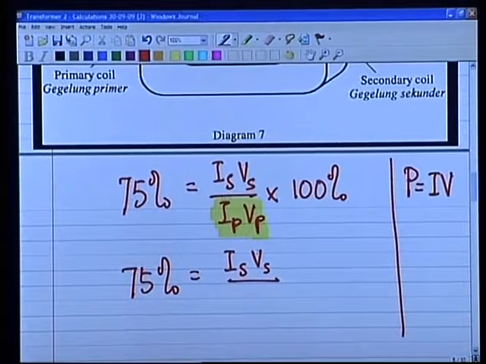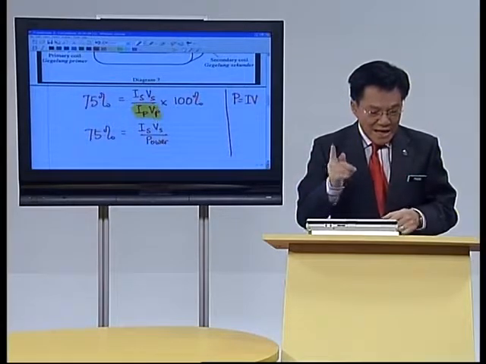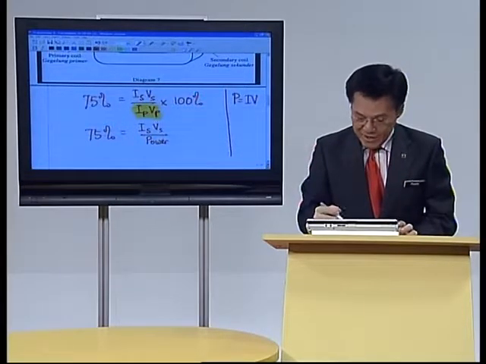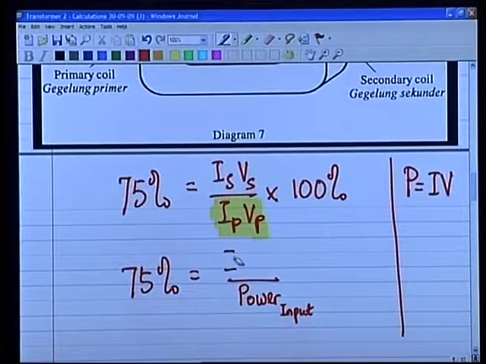So, IPVP is actually the power of the primary. The primary is the input. What do I want? I want the output. So remember, this is the power of the input, and this is the power of the output.